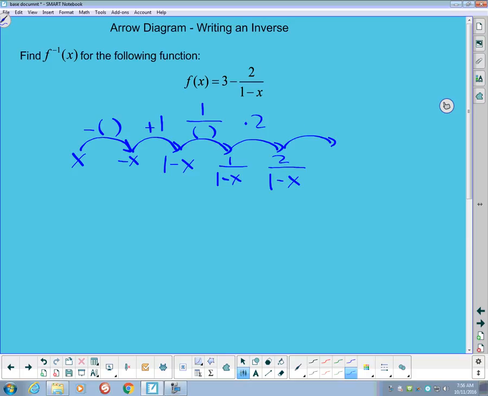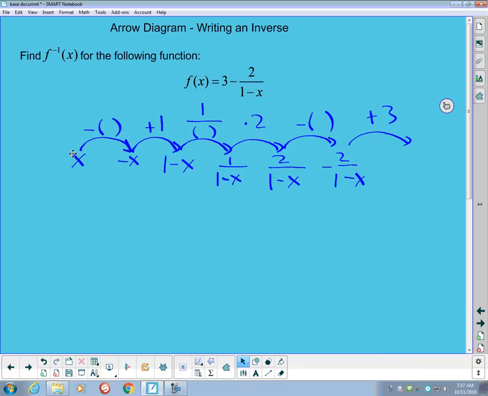And then we're going to sign change again, another reflection that would be happening here. So negative 2 over 1 minus x. And then finally adding 3 on would get us to the 3 minus 2 over 1 minus x.